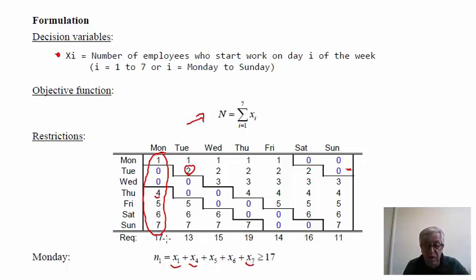And the requirement for this day is 17. So we just need to establish this relation, that is, the number of people working on Monday must be greater or equal than 17. And of course, we do the same for the other days of the week.